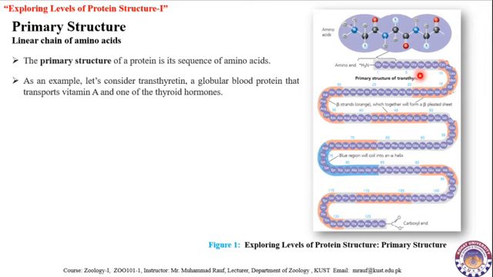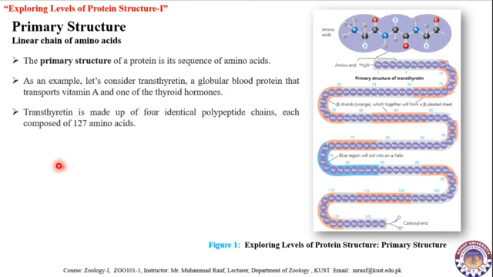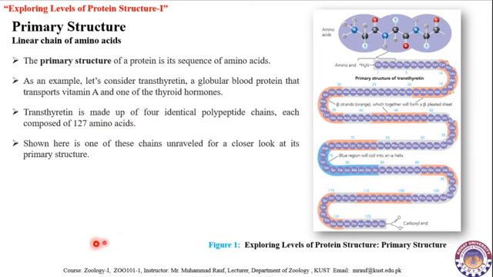This is the primary structure of transthyretin protein, and you can see it is a linear sequence of amino acids. Transthyretin is made up of 4 identical polypeptide chains, each composed of 127 amino acids. So here is one of these 4 chains.